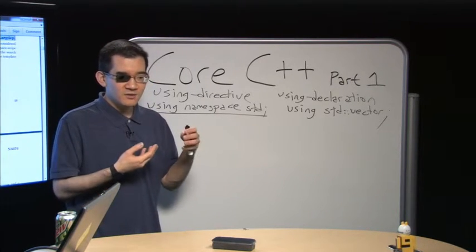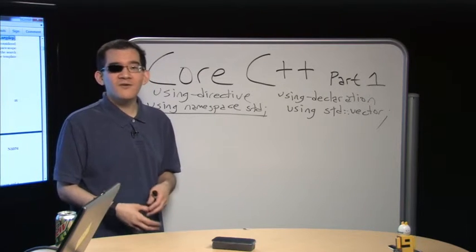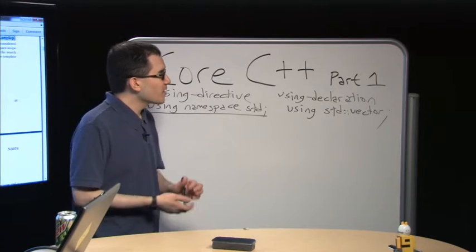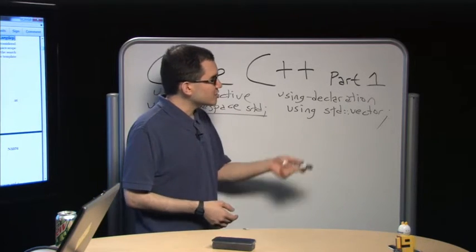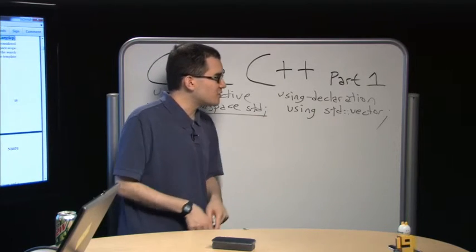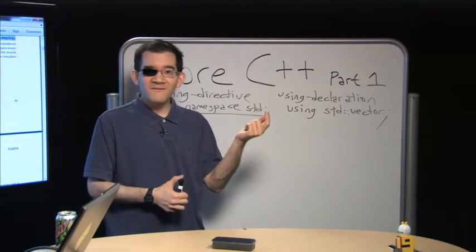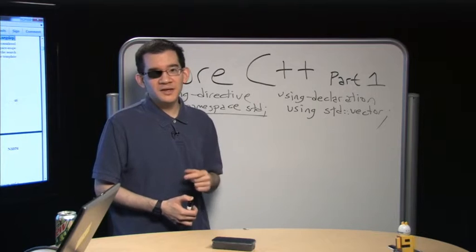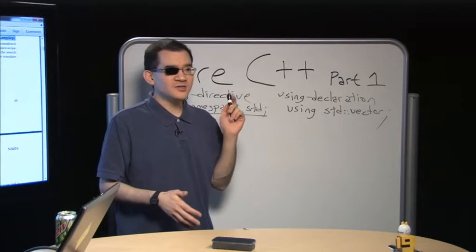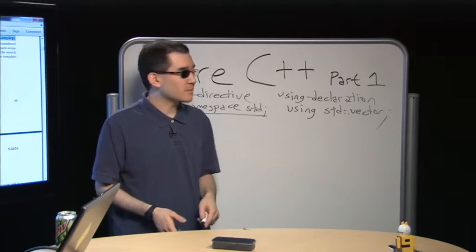That way, the using directive's effect is confined for the duration of that function, and it won't leak out and affect other code. Whereas a using declaration is very targeted. If I'm at global scope and I say using std::vector, that will drag the name vector only into the global namespace, and I can refer to that unqualified, but it will not drag in std::deque and std::list and whatever.